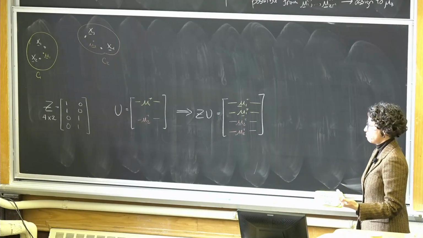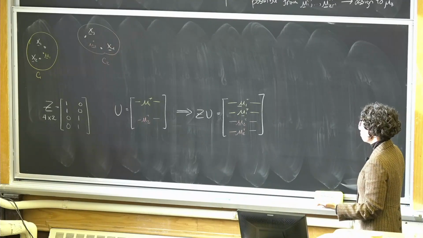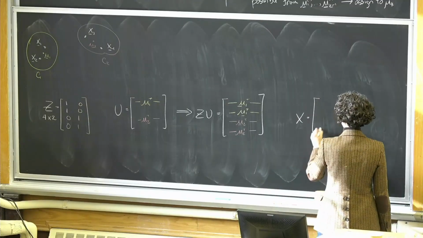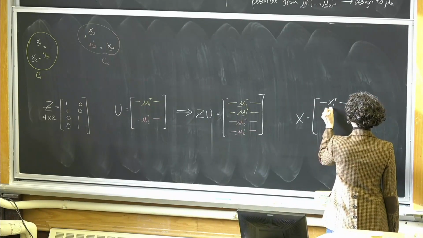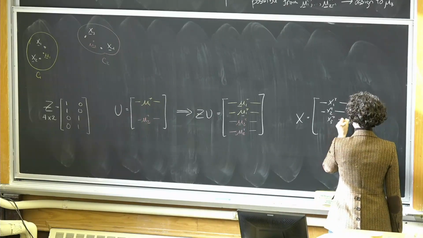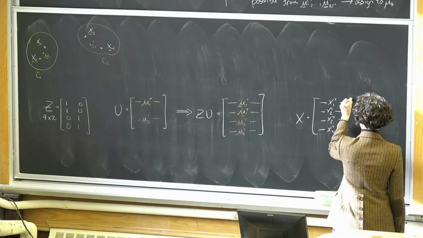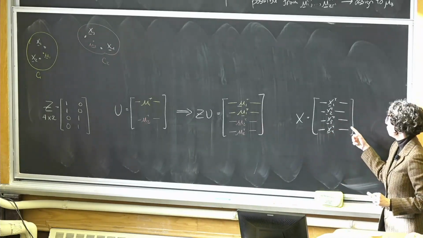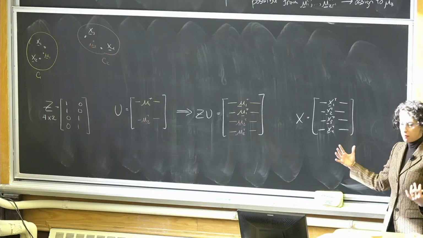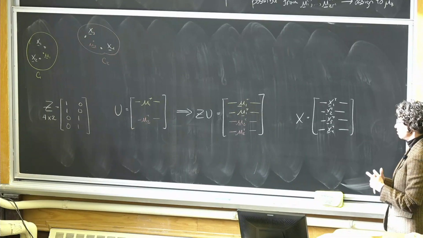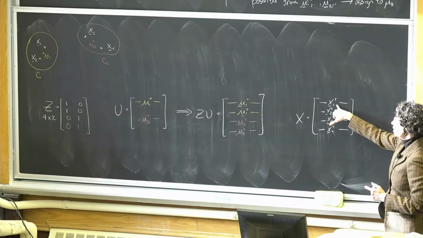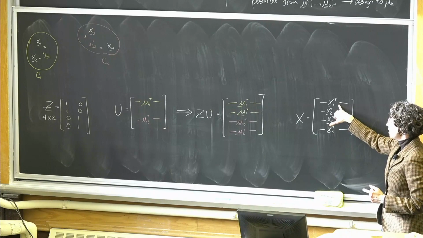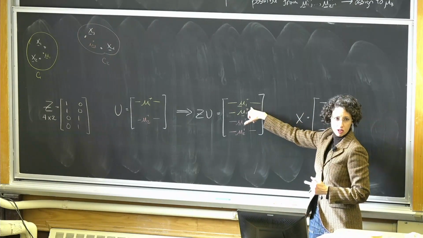Now if I were to look at ZU minus X, remember X is going to have X1 transpose, X2 transpose, X3 transpose, and X4 transpose. If I look at the difference between these two matrices and compute the sum of the squares of all the entries in the difference, then I'm effectively looking at the squared differences between each of the xi's and its nearest cluster center.